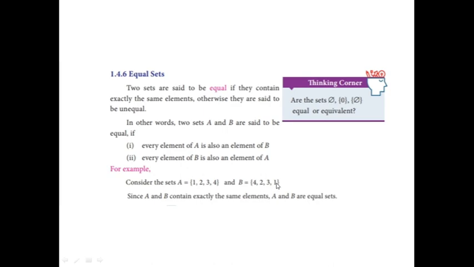See, 1 is also here in set B, 2 we have in set B too, 3 we have in set B, and 4 also we have in set B. Since they have exactly the same elements, we say they are equal sets. The two sets are said to be equal if they contain exactly the same elements.